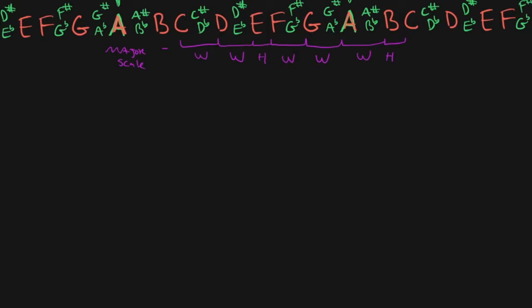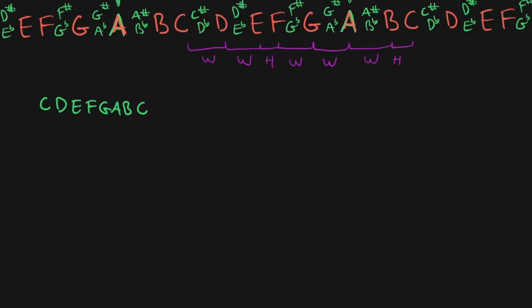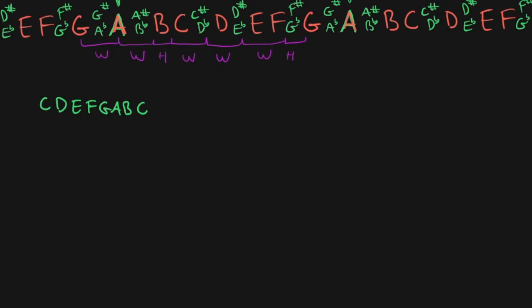Now, here comes the fun part. What we're going to do is move this around, and that's going to allow us to see how this same scale can be played using the same increments, but from different places. So we're going to start off with the C major scale, which is the one we just looked at. C, D, E, F, G, A, B, C. And what we're going to do is move that to a new location, as you can see here.